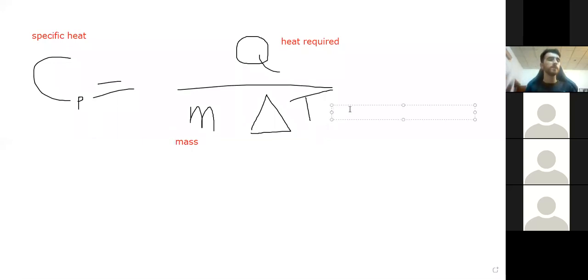It doesn't necessarily mean in the questions we will have 1 kilogram. I could give any kilograms I want, but the standard for the definition is 1 kilogram. And then delta T is change in temperature, and it's usually 1 degree Celsius as a standard. You could say 1 degree Kelvin, or 1 degree Celsius. Both will be correct, doesn't matter. You can even say 1 degree Fahrenheit if you want, as long as it's a 1 degree change.